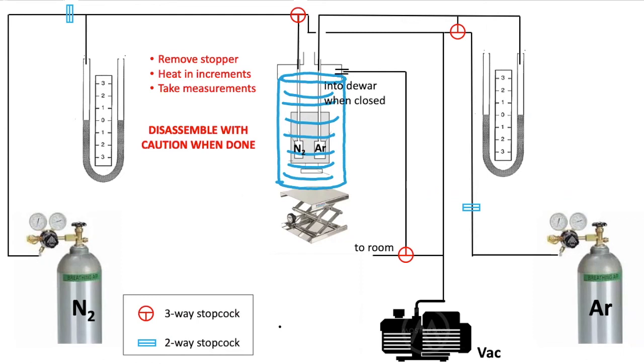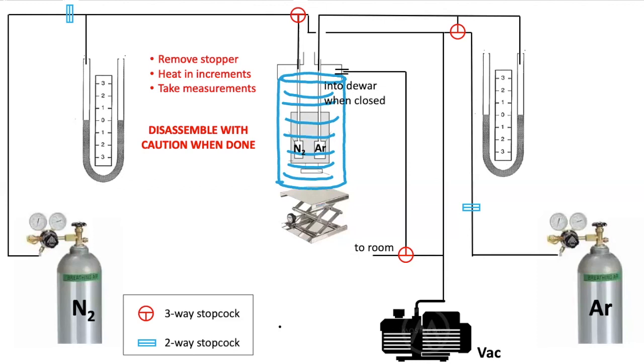The last thing I want to caution you about is when you disassemble the apparatus, you must be very, very careful. Why? If you lower that dewar, the chamber is going to rapidly get warmer, and any solid argon and liquid nitrogen will pretty rapidly sublime or evaporate.